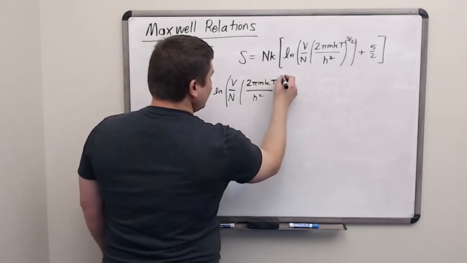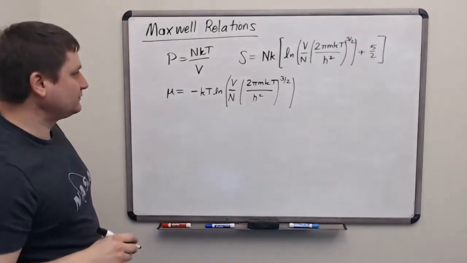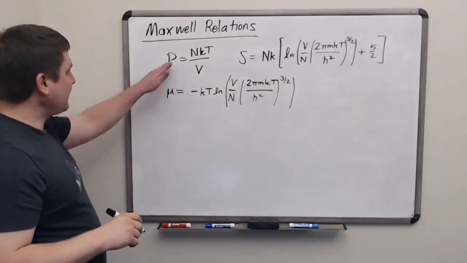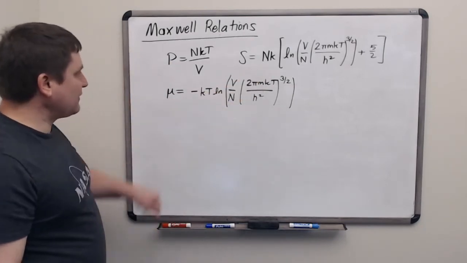I put everything in terms of N, V, and T. So here's our pressure expression, here's our entropy, the Sackur-Tetrode equation, and here's our expression for chemical potential.